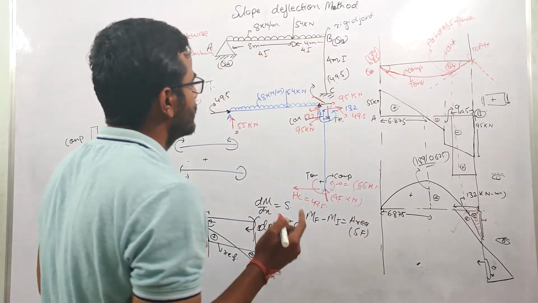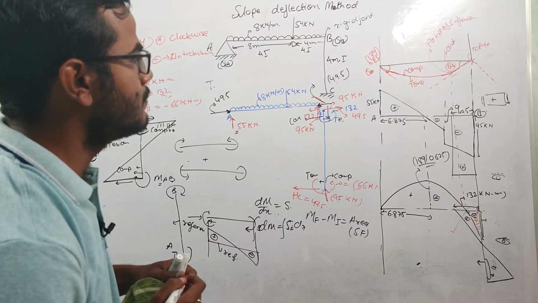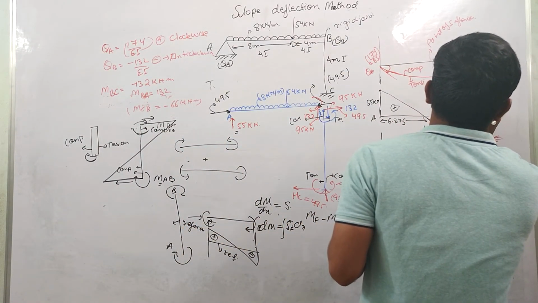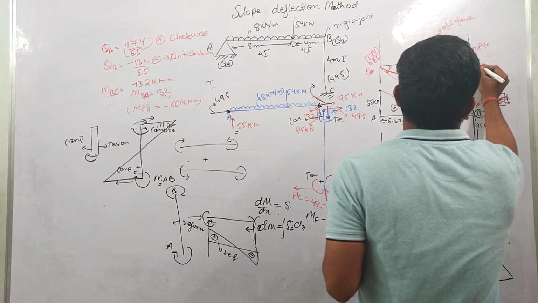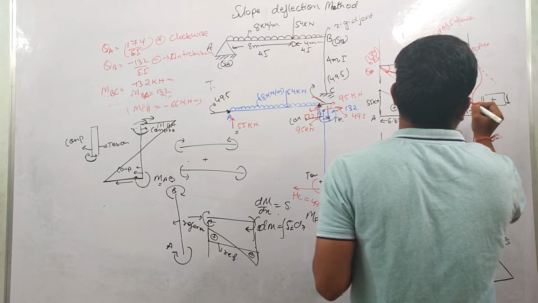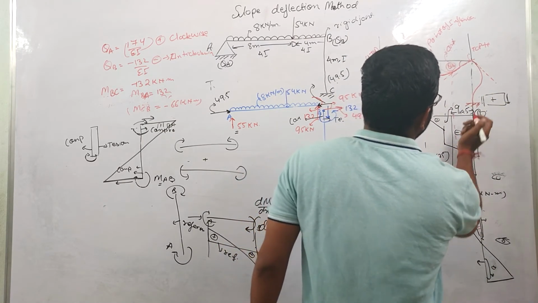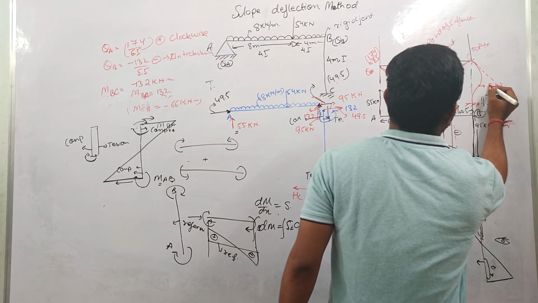Now let us come to the deflection of this column, how this column will deflect, okay? This column is up to here. It will deflect like this. There at this point, this is nothing but the point of inflection, okay?